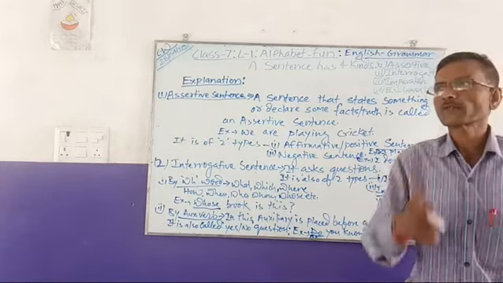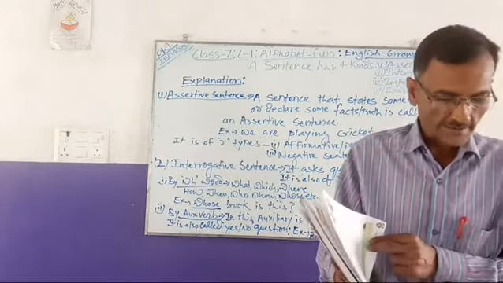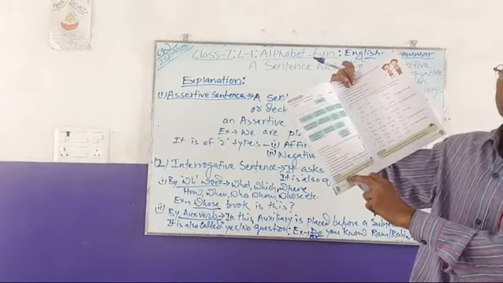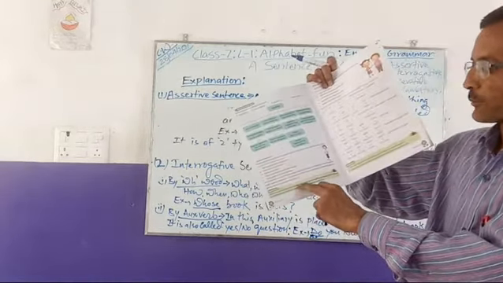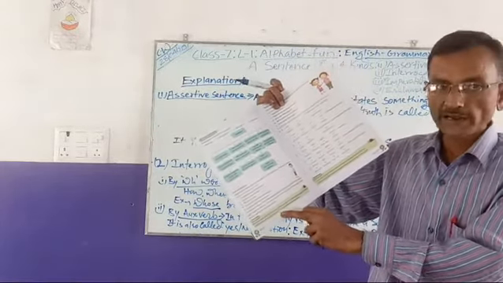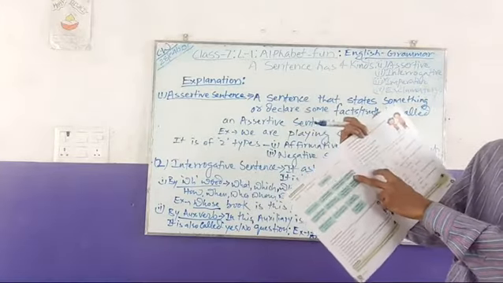So each and everything you have to go through very precisely and minutely in order to understand. Some sentences are shown here below. All are examples of assertive sentences. Assertive sentences that make positive statements are called affirmative, and those that make negative statements are called negative sentences. All these are shown here.